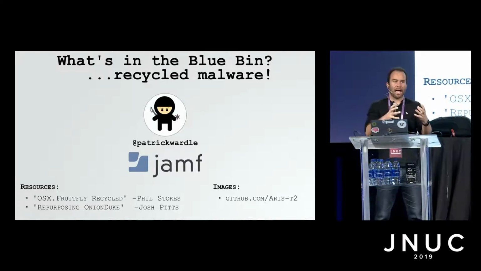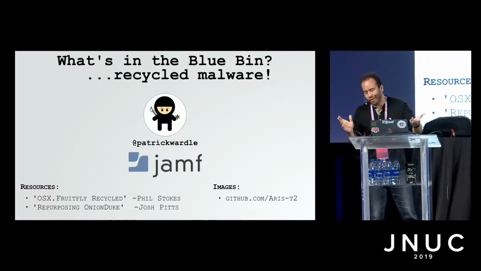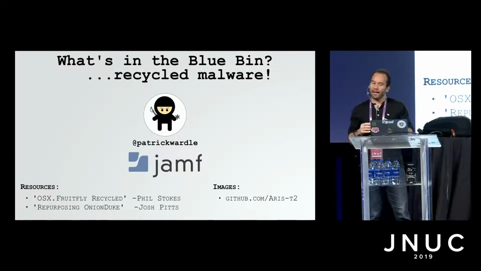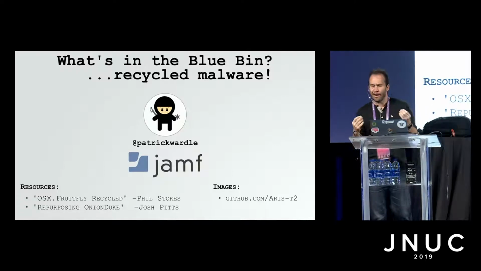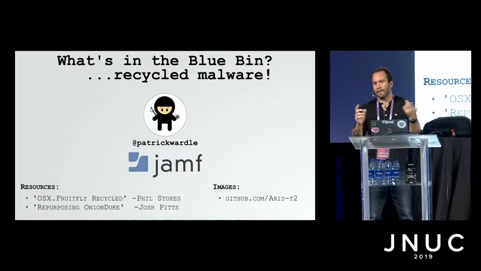XProtect, as we mentioned, is one of Apple's built-in AV signature-based detection mechanisms. They update it occasionally, but very rarely. It's funny because I think they updated yesterday, but before that, it had been a long time. The other problem is, and this is a personal opinion, when Apple pushes out an XProtect update, one, they don't make that known.